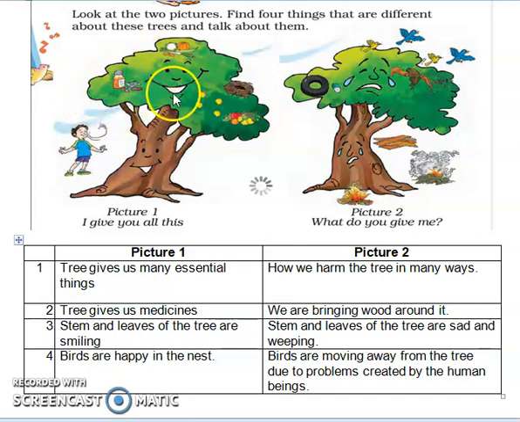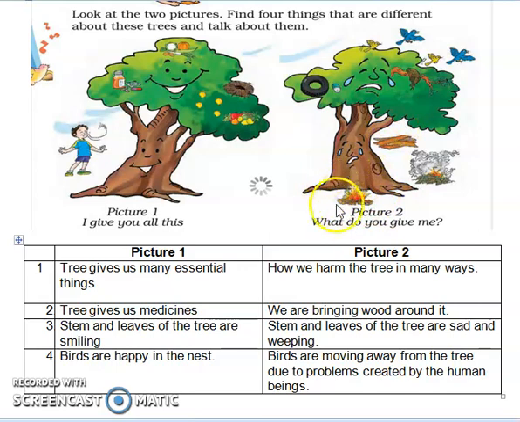See, this tree is very happy, this tree is smiling. This tree is sad, it is weeping. This tree gives many things. You can see that this tree is happy and is giving so many things. The child is also happy near the tree, but here all the birds are going away from the tree, so the tree is not happy.